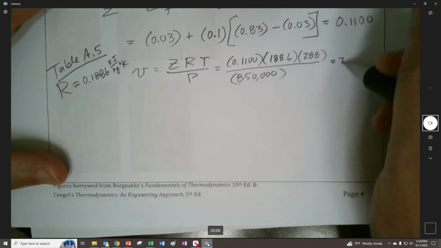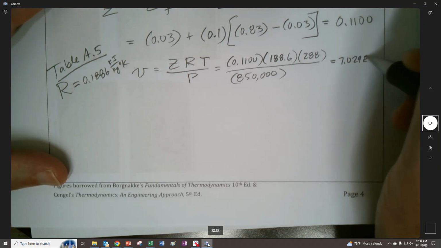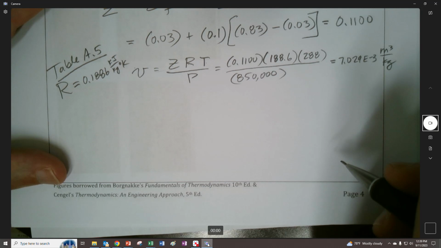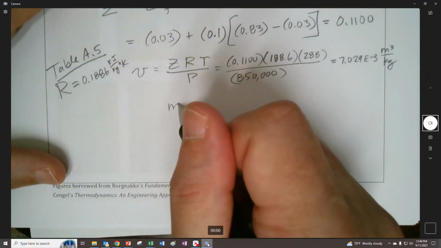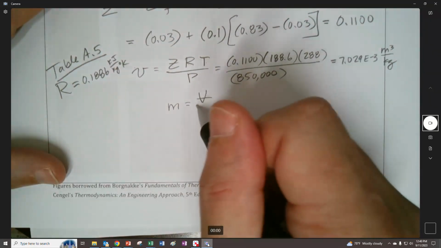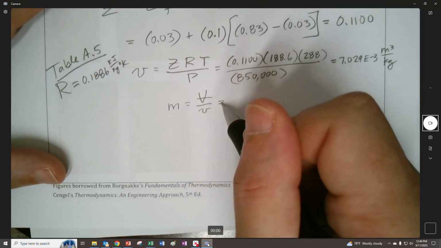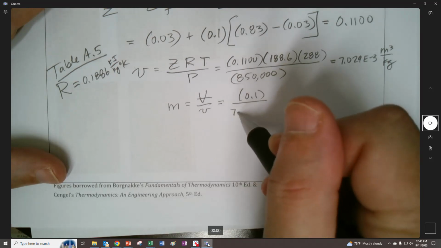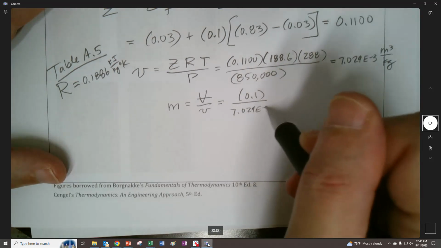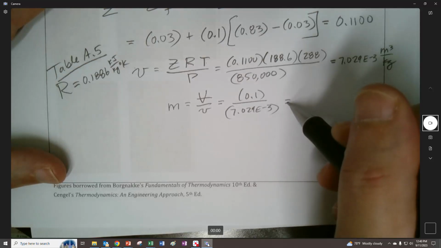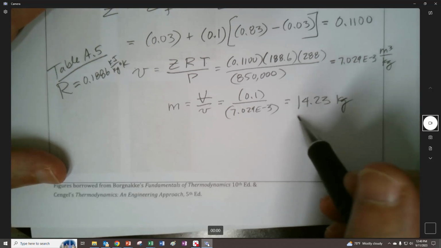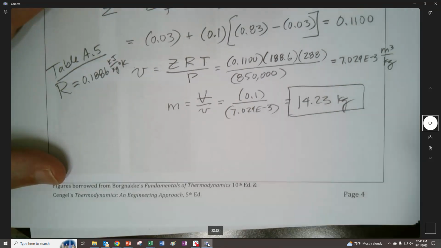And we're going to get 7.029 E minus 3 meters cubed per kilogram. And we were asking for the mass. So if you take the volume divided by the specific volume, you get the mass. So you had 0.1 cubic meters divided by 7.029 E minus 3. You get 14.23 kilograms.